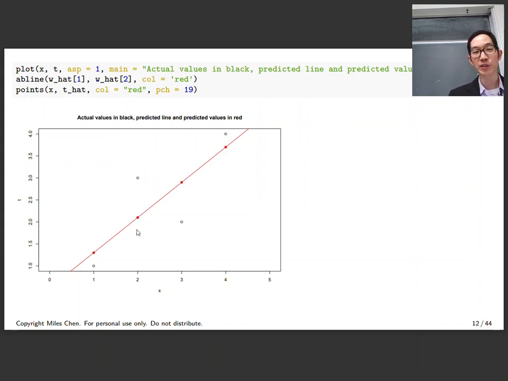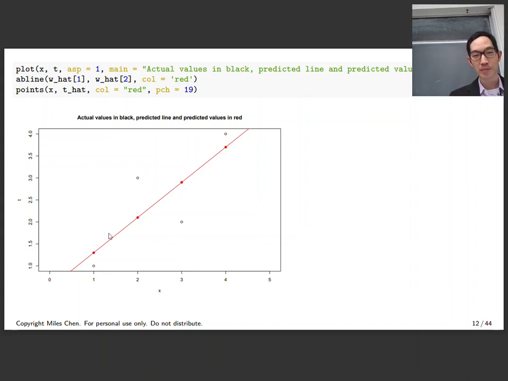Now the difference is 0.9 and 0.9, and 0.9 squared is 0.81. And here your difference is 0.3, and 0.3 squared is 0.09. So my squared residuals are 0.09, 0.81, 0.81, and 0.09, and that adds up to a total squared residual of 1.8, which is indeed a tiny bit less than 2.0.